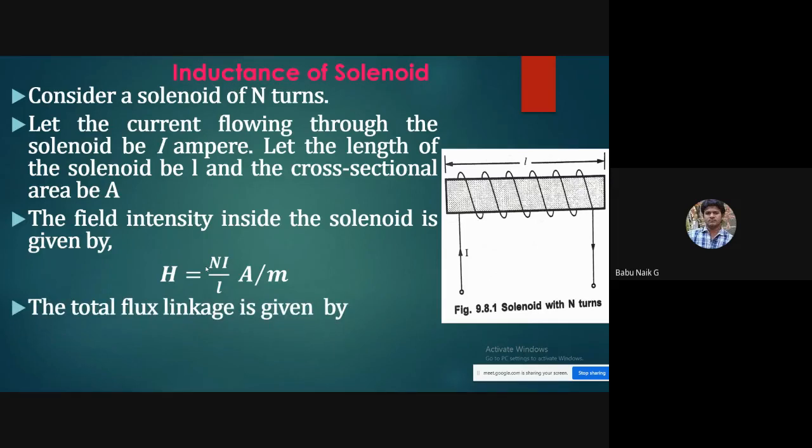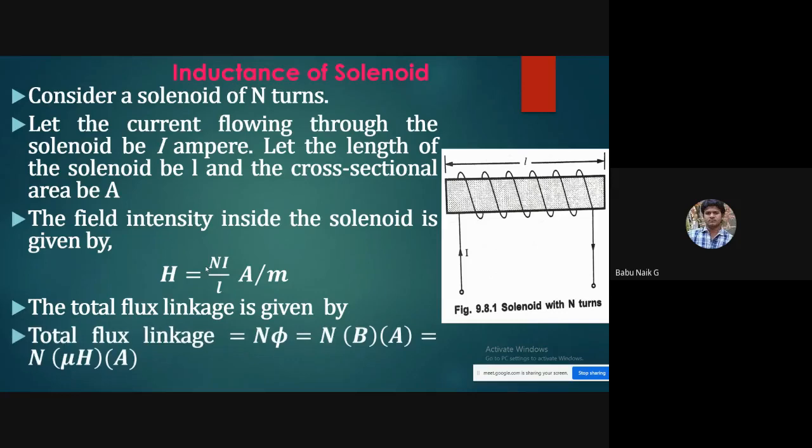Now, what will be the total flux linkage once current flows through this? We know the total flux linkage depends on how many turns we use, which is n times flux. Suppose it is n turns, like 100 turns wound, then the flux linkage is 100 times flux.